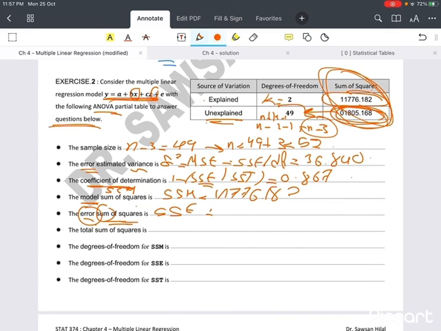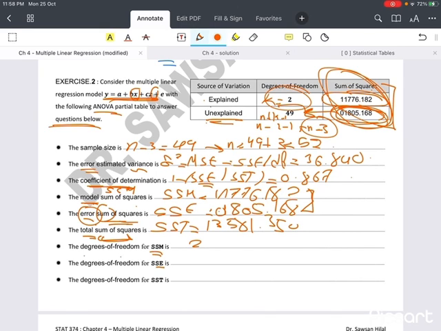You will write this number 1805.168. Okay, then the total sum of square, sum square total, you will add these two. You will find the answer will be 13581.350.